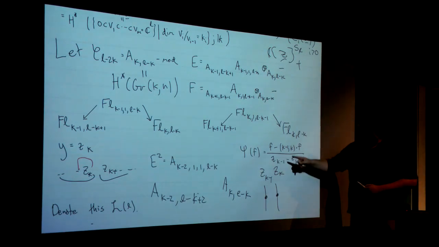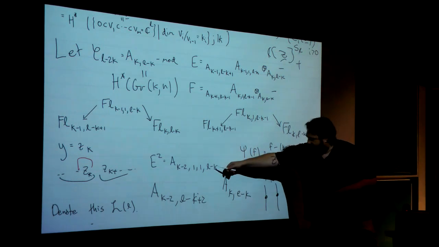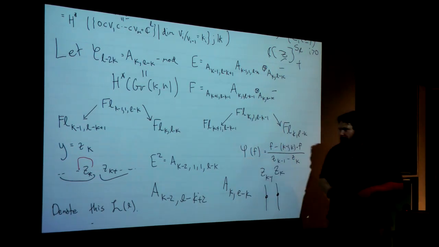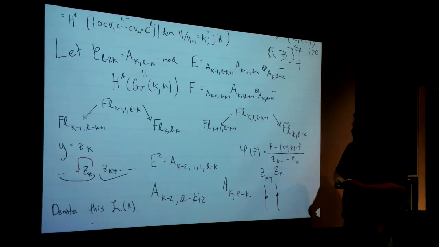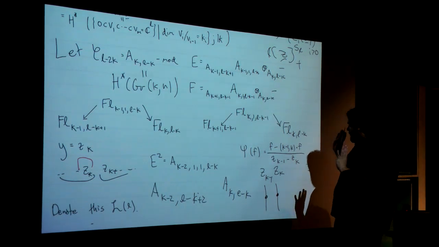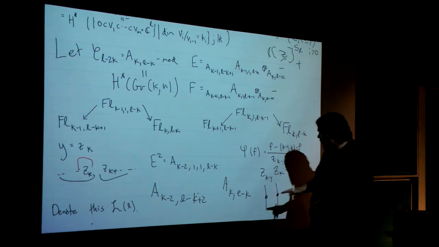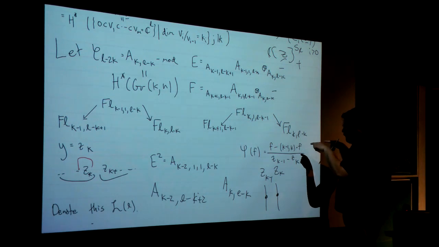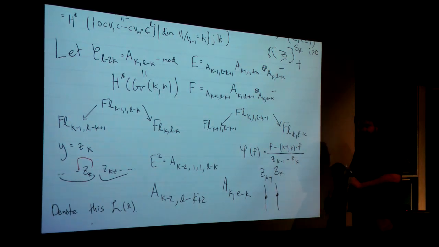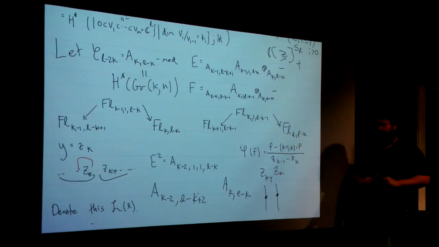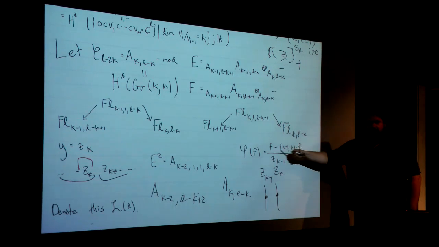And so this operation sends this ring to itself, but sort of like these trace maps that Penn was talking about, it's not a ring homomorphism. But it will commute with things that are symmetric in ZK minus 1 and ZK. Right? If I multiply F by something that's symmetric in these 2 variables, it stays the same here.